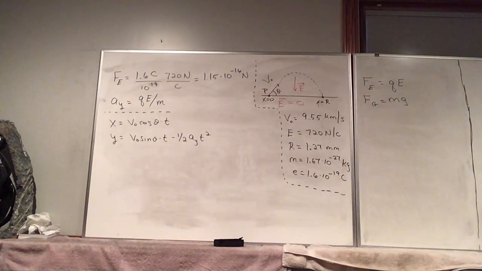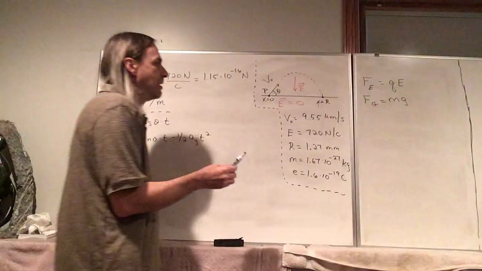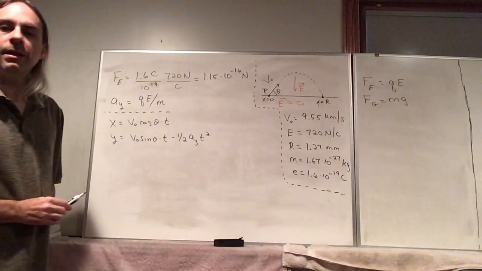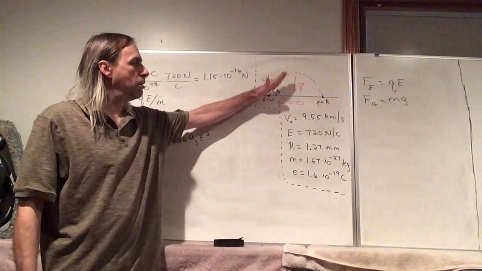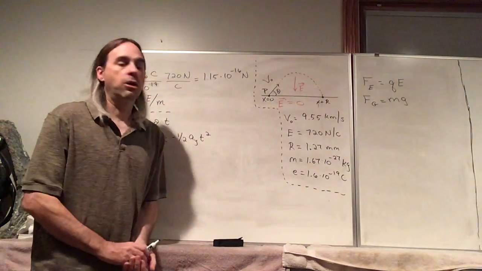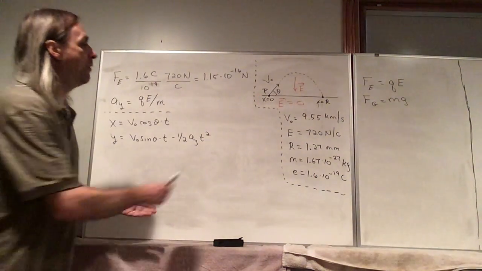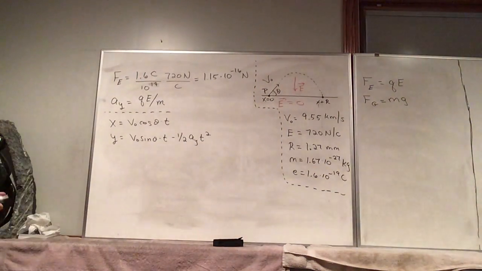And so, looking at this problem, if you remember back in kinematics, when you fired a projectile at an angle above the horizontal, you derived a range equation, where the projectile lands at the same level that it was fired from.